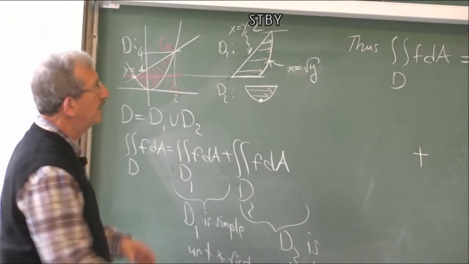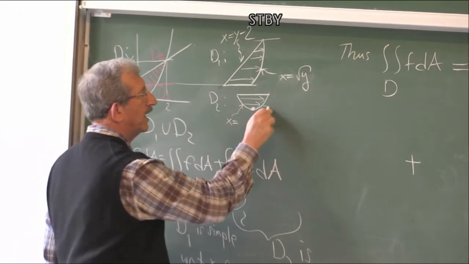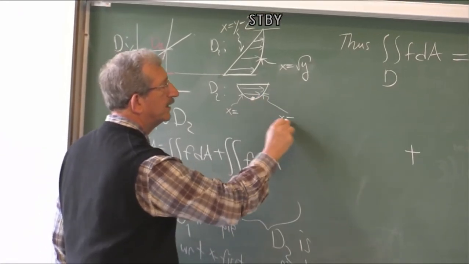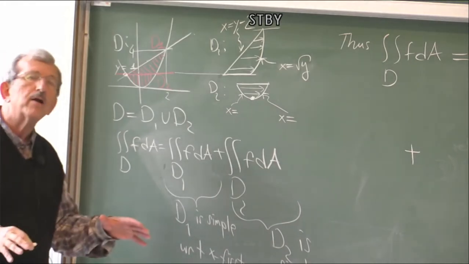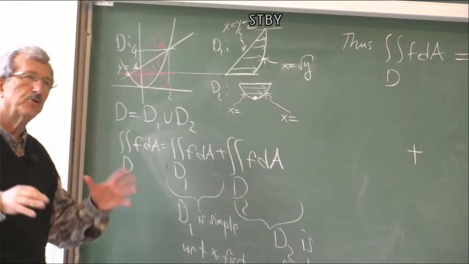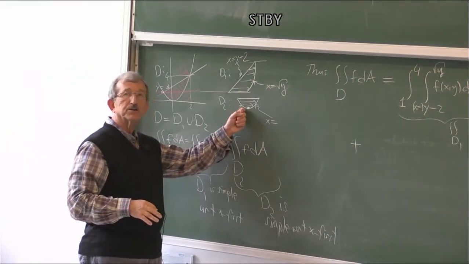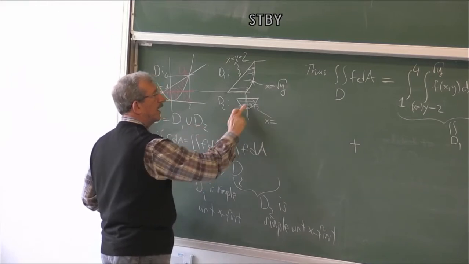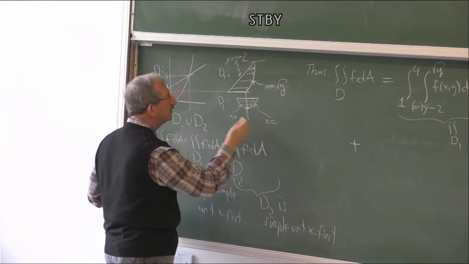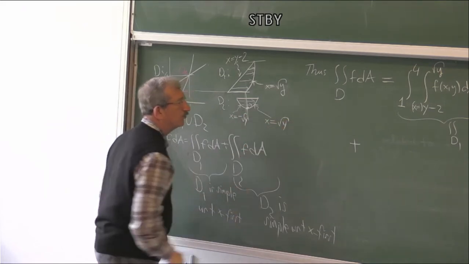Even though they both say y is x squared, when you change to x, they differ. Here on the left branch, x is negative because this is the y-axis, and on the right side, x is positive, so it is minus root y and plus root y.